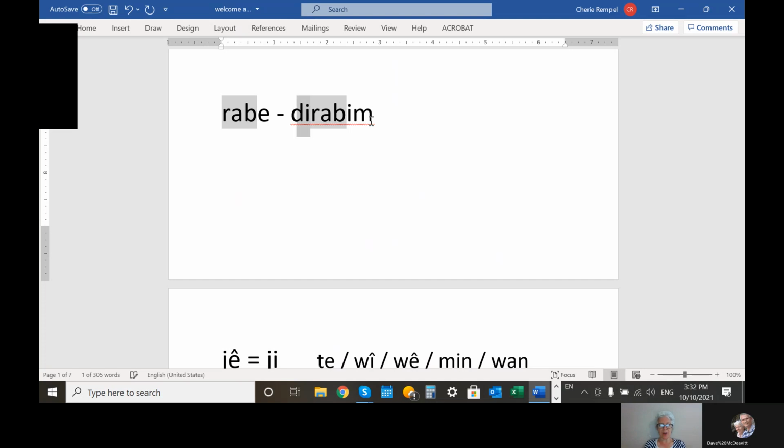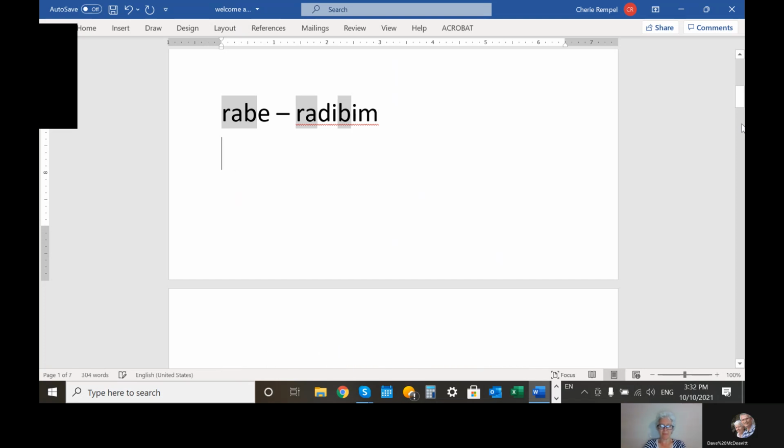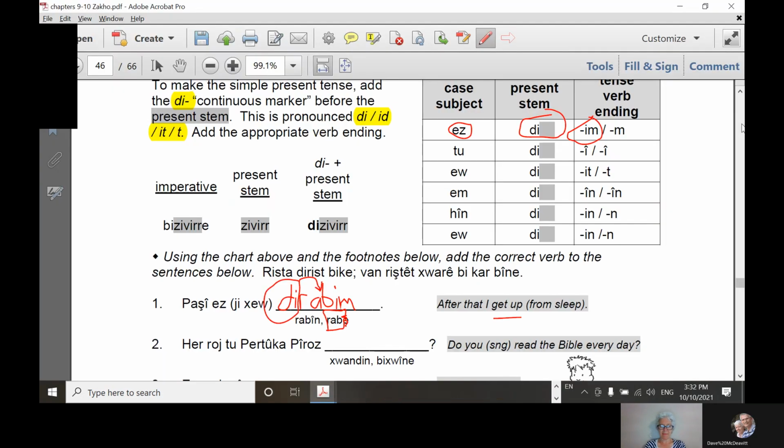But with this verb, this happens to be compound, and I just know that because I've heard it 1,000 times. So you take off that di and you put it right before the base verb, radbum. All right, nothing like starting with one that's got a compound verb to it.